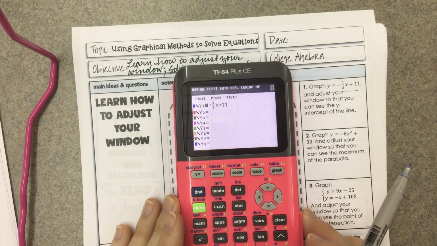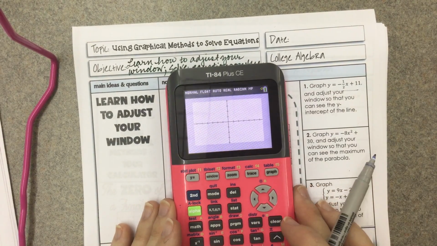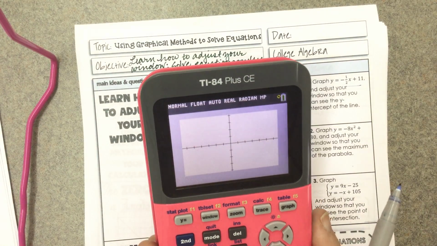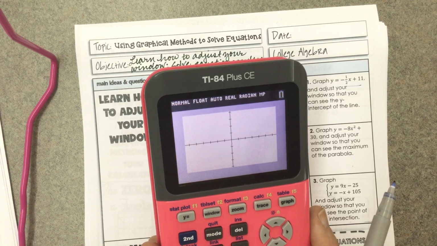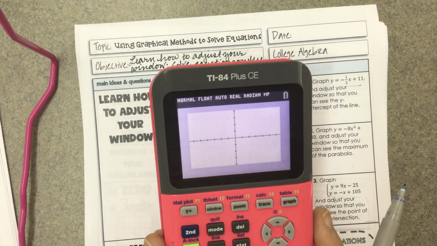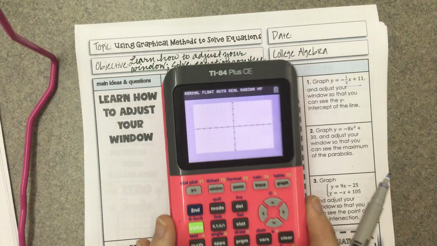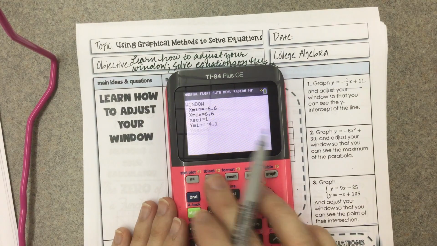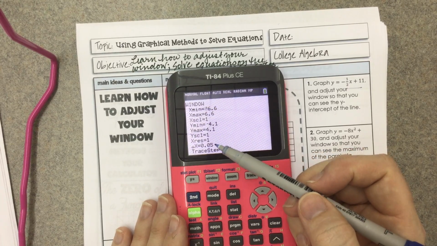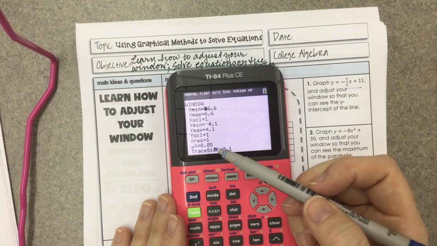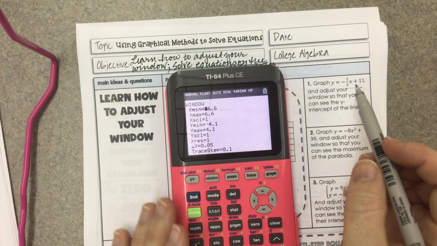Okay, but I'm going to clear this. Now, if I were to hit graph, it leaves the exact same window that my last setting was. So it's not going to change the settings. As you can see, when I hit zoom 4, I still have the same window settings as before.